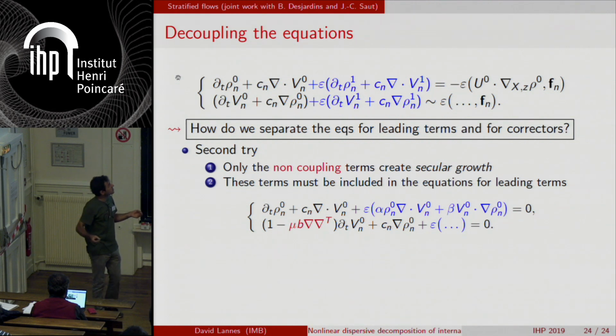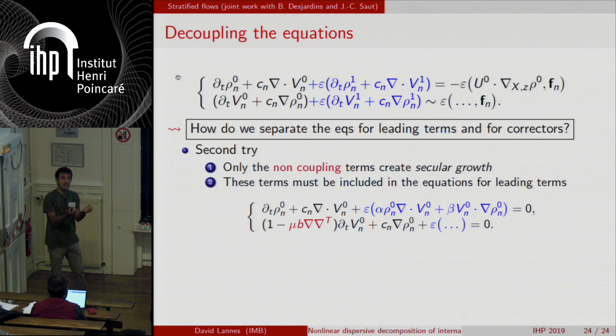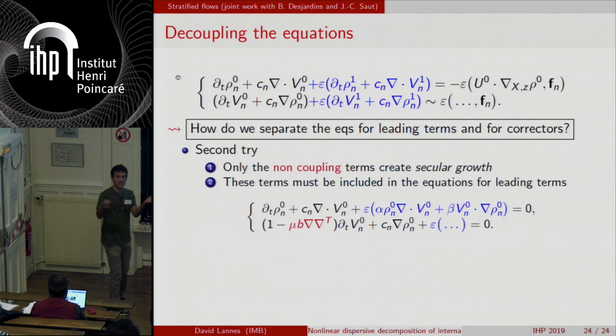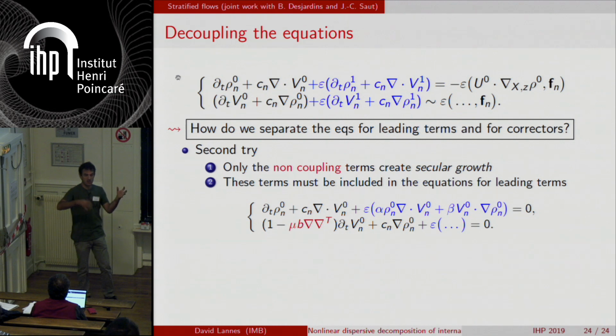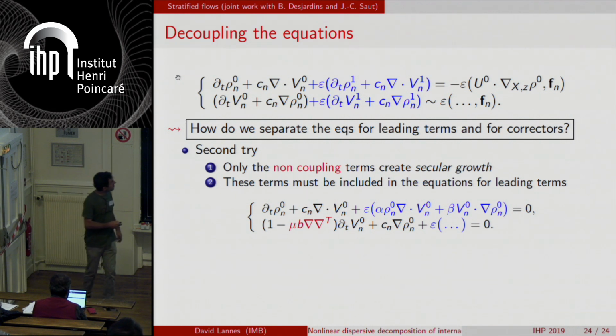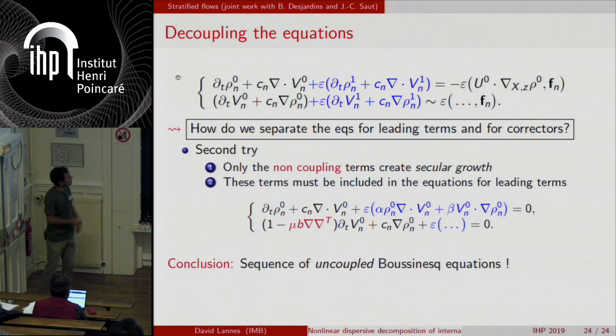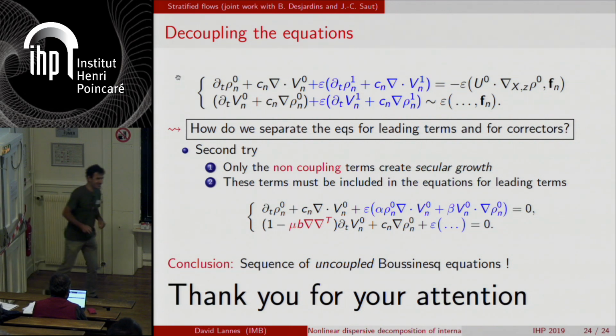This is another argument to decouple them, an asymptotic argument. Since the different modes travel at different speeds, for times large enough they don't see each other. They're too far from each other to interact, and so the coupling term has a small contribution. So at the beginning you have all the modes coupled, but after some time they are far from each other, and so you obtain a set of uncoupled Boussinesq type equations. And I finished. I'm sorry for the hurry.